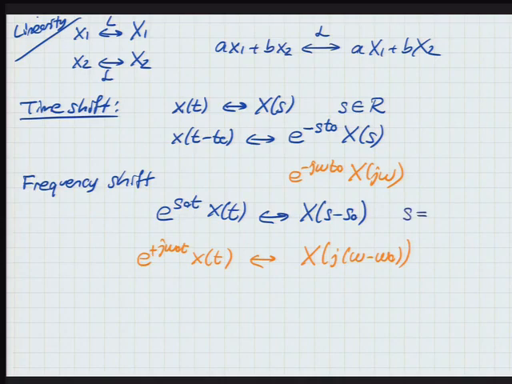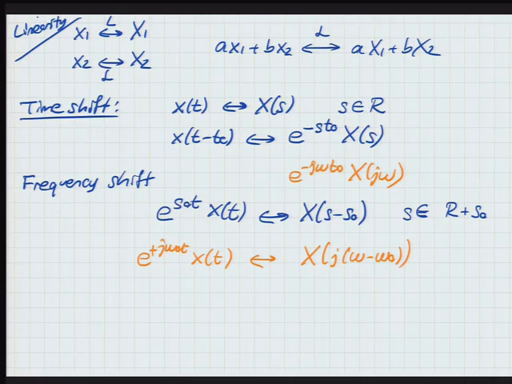What should I do with R, the original region of convergence? Let's say this was to the right of some line, okay? So what do you think will happen to that line? It will also move, right? So the new region of convergence will be the old set R plus s naught.